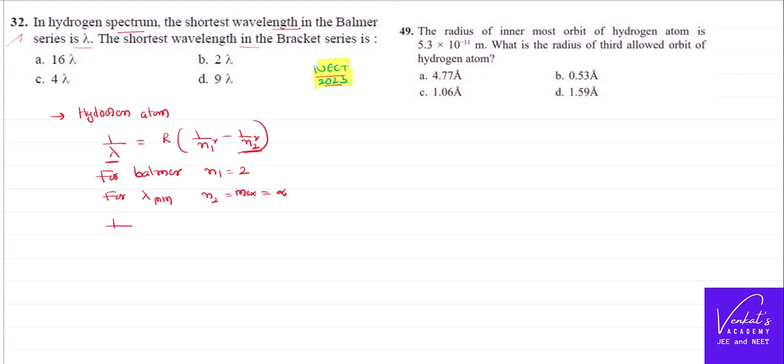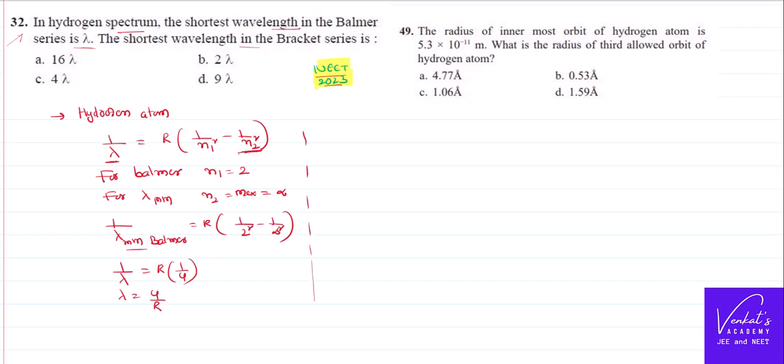So 1 by lambda minimum of the Balmer series is Rydberg constant times (1 by 2 square minus 1 by infinity square). I will call that lambda minimum as lambda. 1 by lambda equals Rydberg constant times 1 by 4, or lambda equals 4 by R. That's one part.